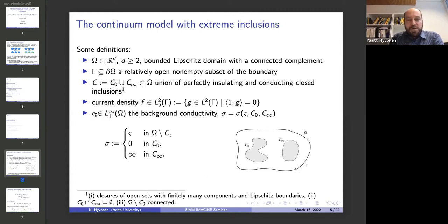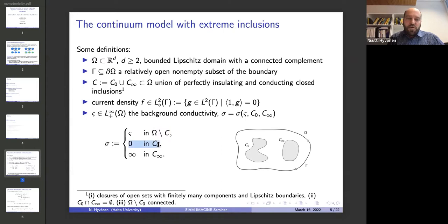And then I assume there's some background conductivity. This plus sign means that the conductivities in this L infinity plus space have a positive infimum. So positive conductivity, it can be L infinity conductivity. And then I denote by sigma this kind of generalized conductivity coefficient. So when I write sigma, var sigma, C naught, C infinity, it means that I'm considering conductivity that is this var sigma in the complement of the inclusions.